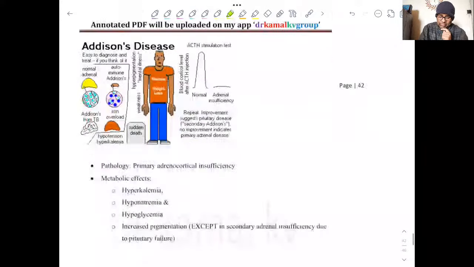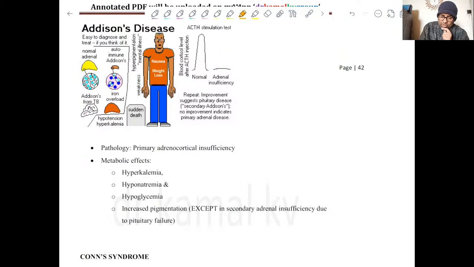Addison disease, this is insufficiency of the adrenocortical axis, and one of the hormones which will be low here is aldosterone. And we know that the work of aldosterone is to increase sodium in the body and to decrease potassium in the body, right? And what will happen then?